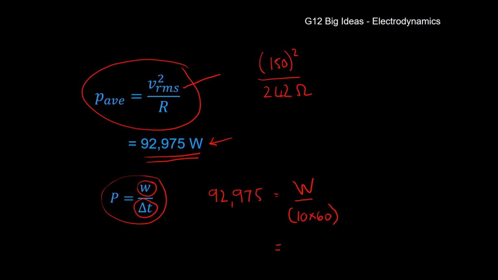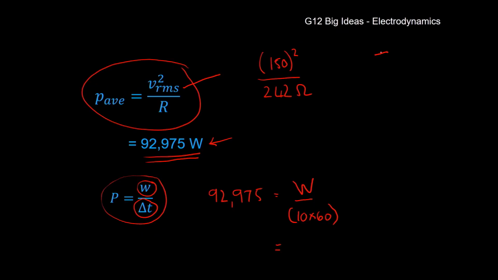Right, grade 12s. I hope that has helped you with how to use your data sheet, the formula. I want to reiterate that when you are writing out these formula from the data sheet, you have to write RMS if you are using the average potential difference or the average current. So I'm going to write it up here. If you are using the average current, you need to write in your formula RMS.